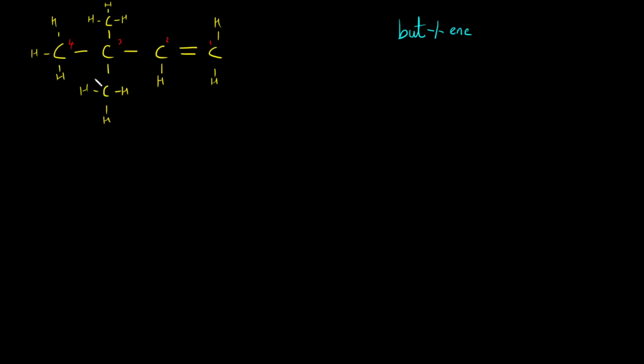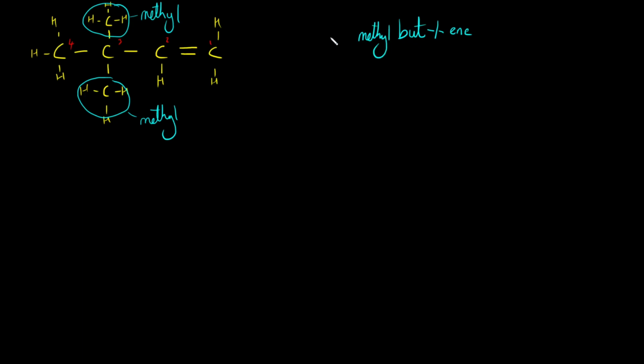Next step is identifying our branches. So we have got 1 and 2 CH3 branches. Those are both, as we should know by now, methyl branches. I've got 2 of them. So I write the word methyl in front of but-1-ene.